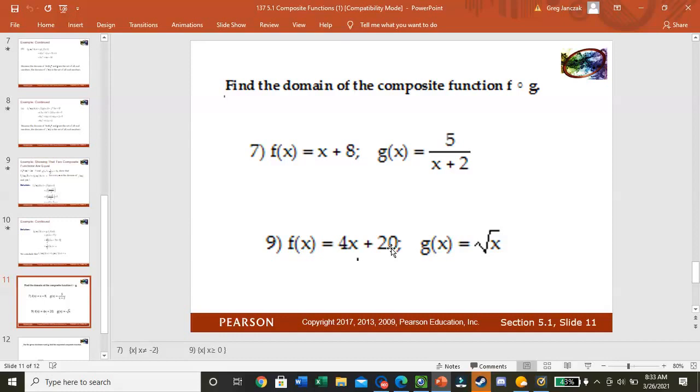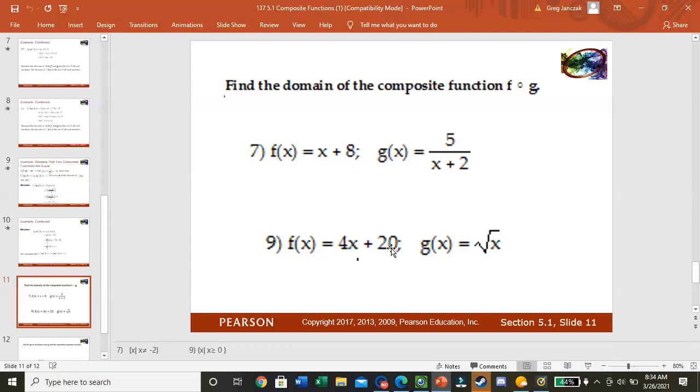F composed with G. So with F composed with G, we've got f of x equals 2x plus 8, and g of x equals 5 over x plus 2.